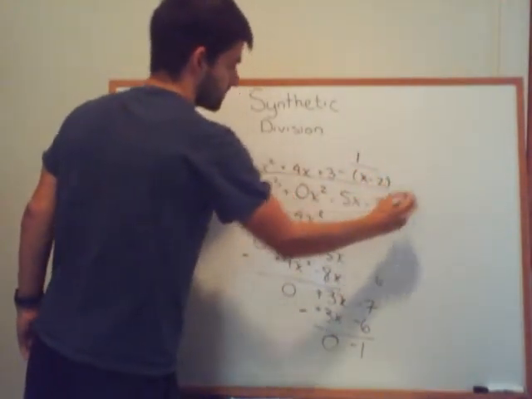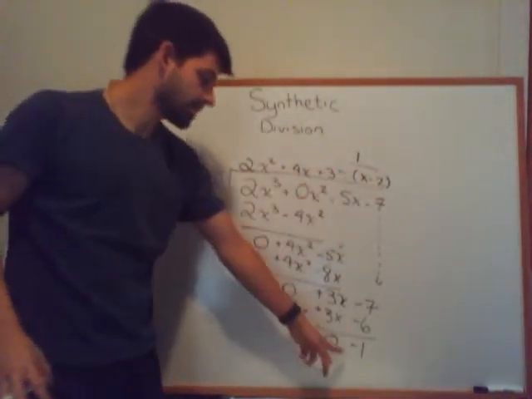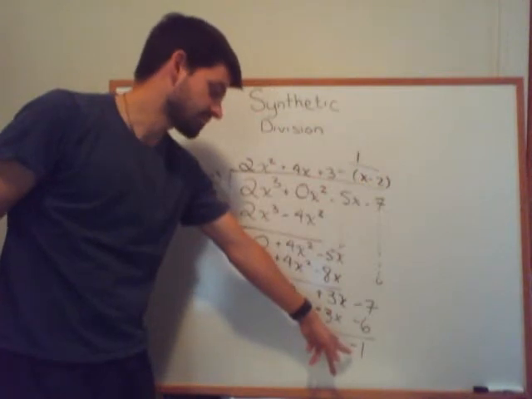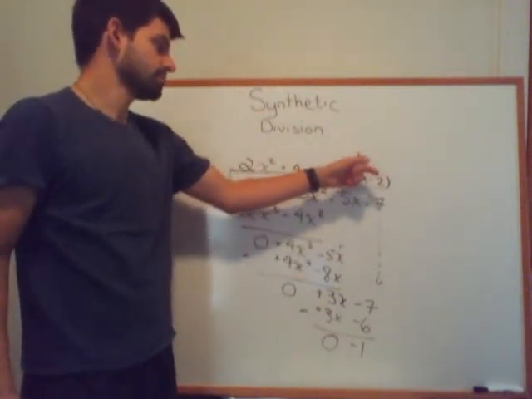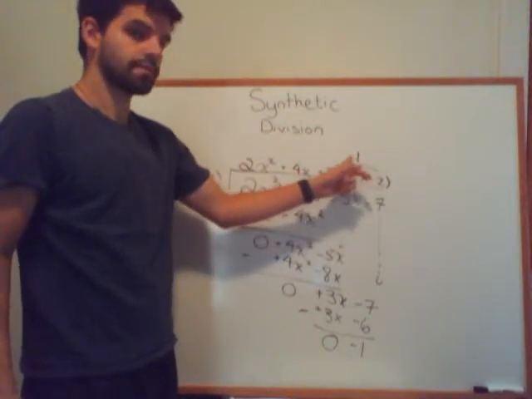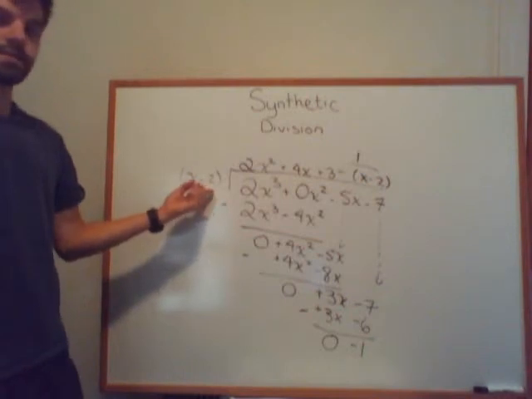So again, when you're setting up your remainder, you take the sign that the value is associated with. This one's negative, so subtract. Then put the value of your remainder over the original divisor.